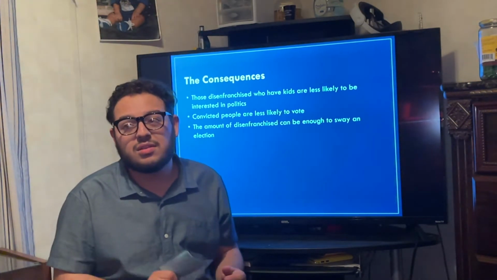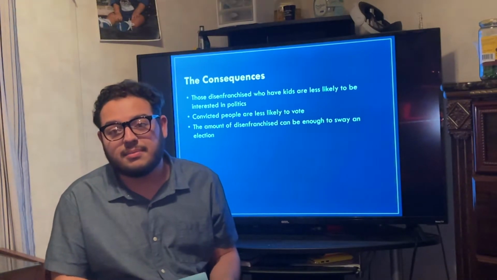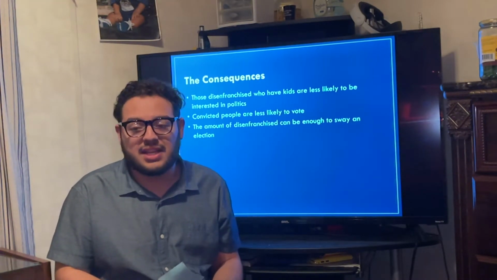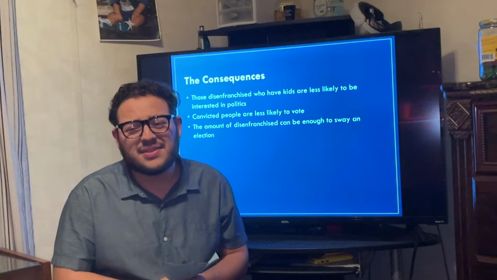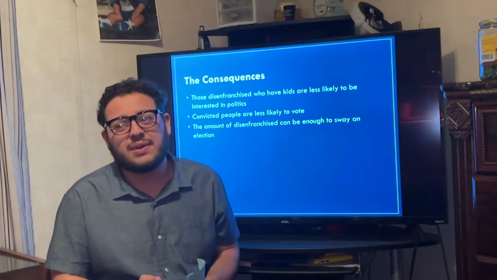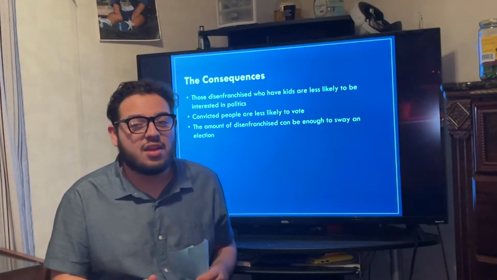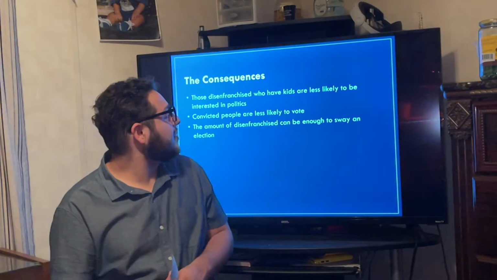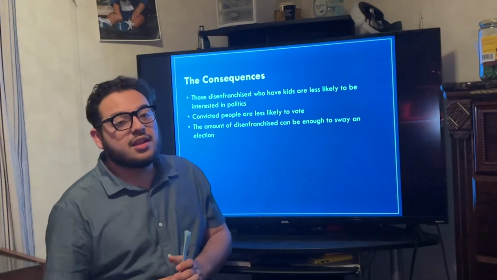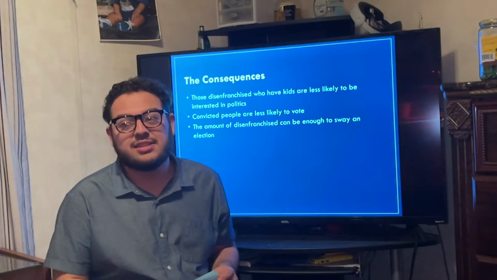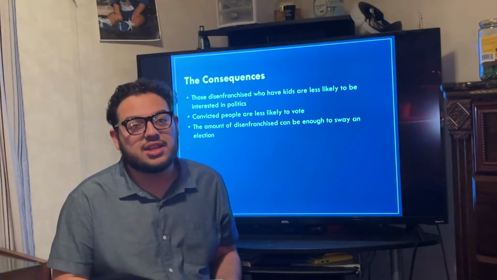Convicted people are also a lot less likely to vote because they had their voting rights once taken away, as well as if they get their voting rights back, they're more likely to integrate back into society and not recommit crimes. Also, the amount of disenfranchised people can easily sway an election.